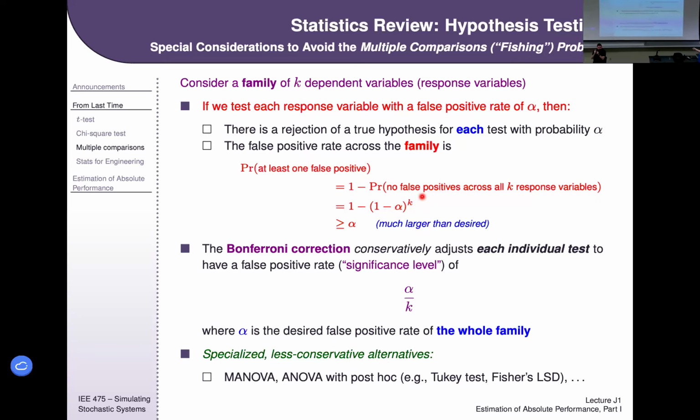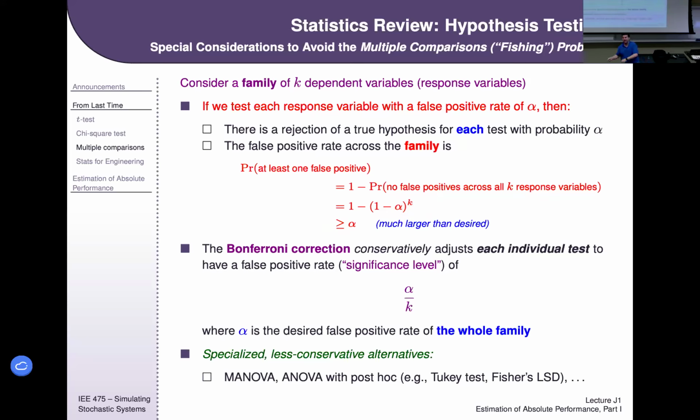And so this value, (1 minus alpha) to the k, is much, much larger than alpha. Imagine alpha is 0.05. Well, that means 1 minus alpha is 0.95. And then that 0.95 gets multiplied k times. And that 95% times 95% becomes much less than 95%.